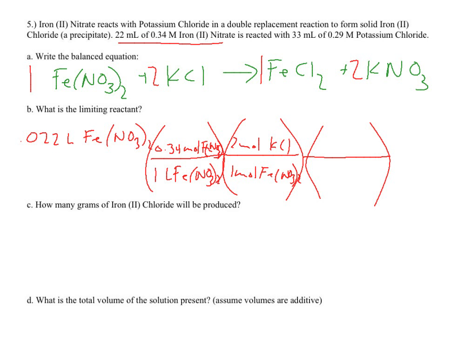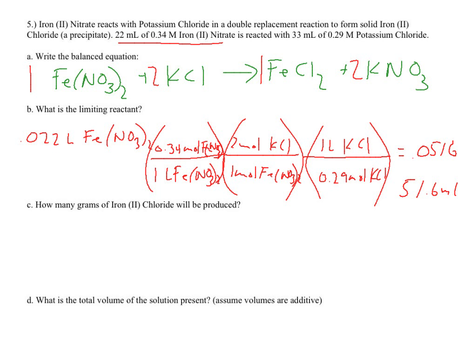So in this case, we have moles of KCl. 0.29 moles of KCl is equivalent to 1 liter of KCl. So the amount that we would need is 0.0516 liters, or about 51.6 milliliters of that KCl solution.